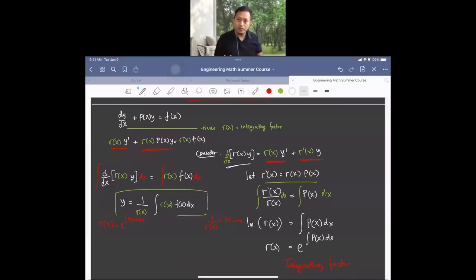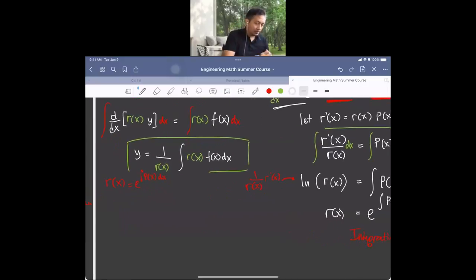Then you make some relations, where R prime you force to be equal to R(x)p(x), and then you find out that there must be some e with power of integration of p(x) dx. So that's the integrating factor. So whenever you find linear differential equations, you can try to find out which one is p(x), and then you can solve it through the integrating factor.